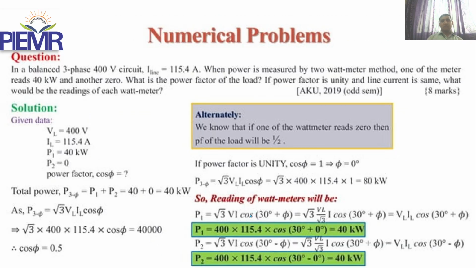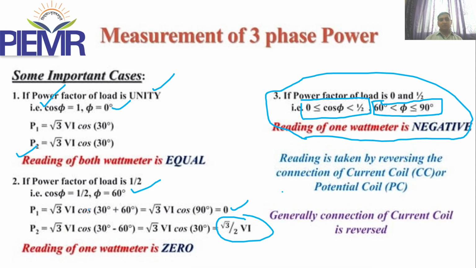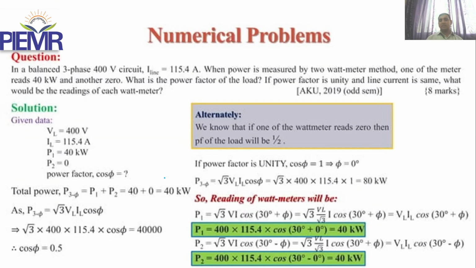Let us start with a numerical for this 2 wattmeter method. It is one of the university's questions, where we have a 3-phase power with a line voltage of 115.5 and a line current, and the power measured by 2 wattmeters is 40 and 0. In this condition the phase angle is 60 degree.